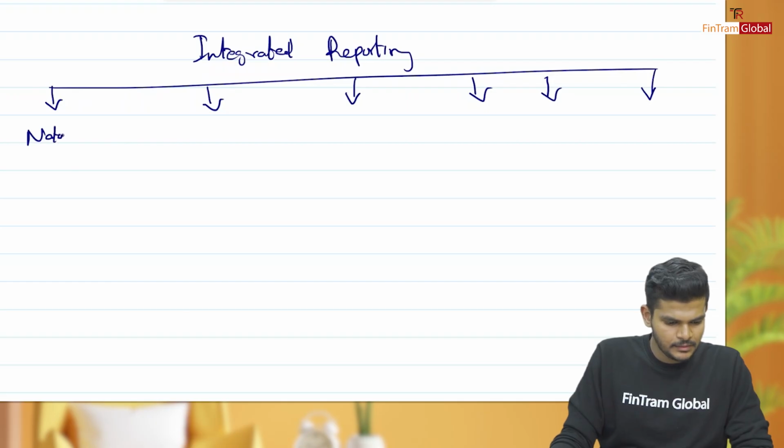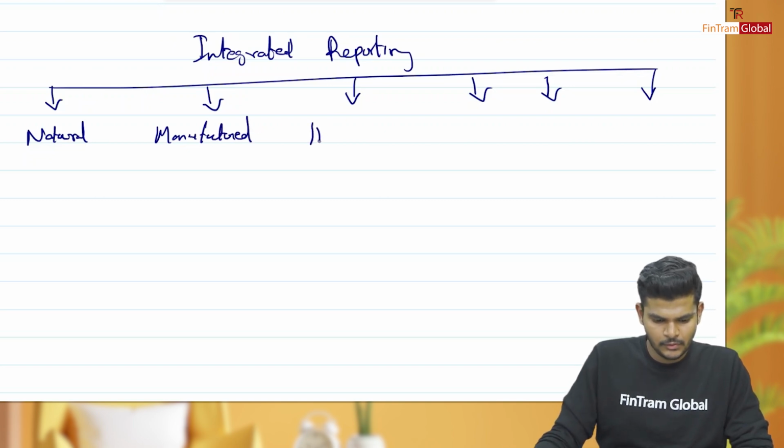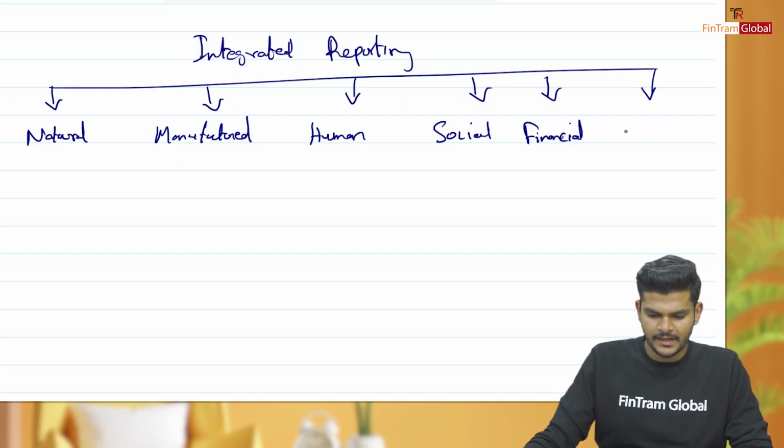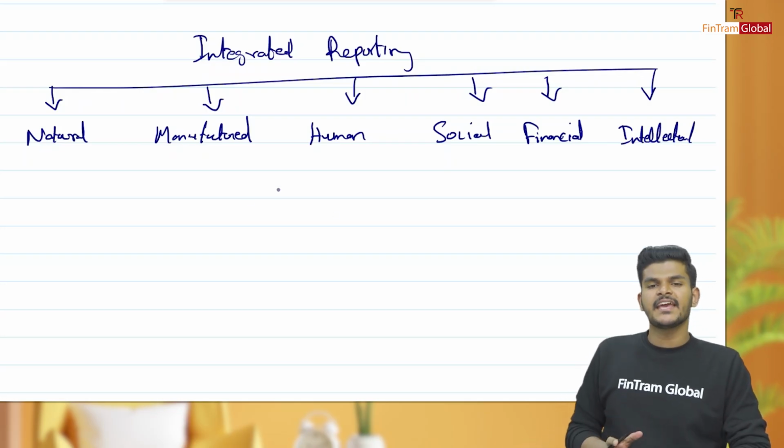There is natural capital, manufactured capital, human capital, social capital, social and relationships as we call it, right? Financial capital. There's one more, isn't it? What is that? Intellectual capital, right? Okay, folks, so these are the 6 capitals that we have.